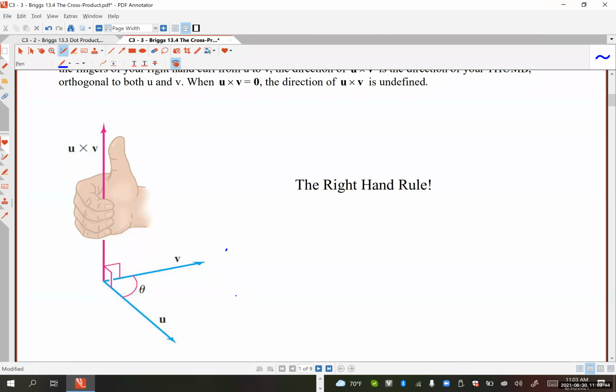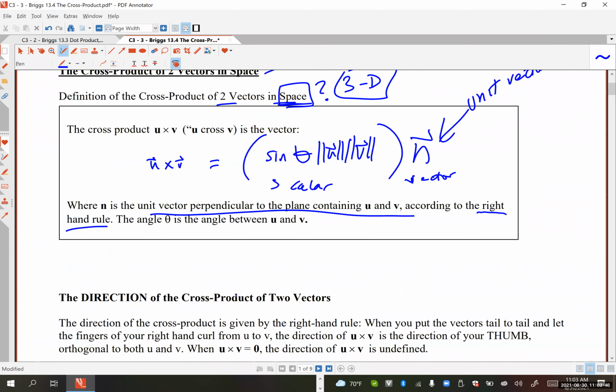Can I see the equation again? Is that an n? That's an n. It says n is a unit vector, perpendicular rather, to the plane containing u and v.